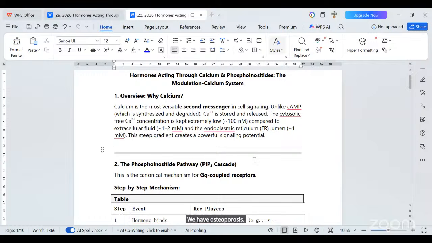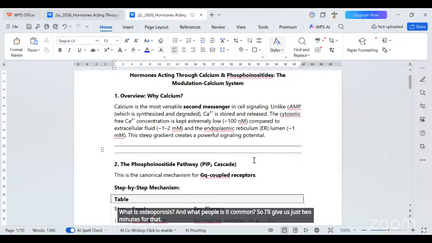Have we heard of osteoporosis before? I want each person to tell me what osteoporosis is in the Zoom chat. Two in one question: what is osteoporosis, and in what type of people is it common? I'll give us just 2 minutes for that before we continue.